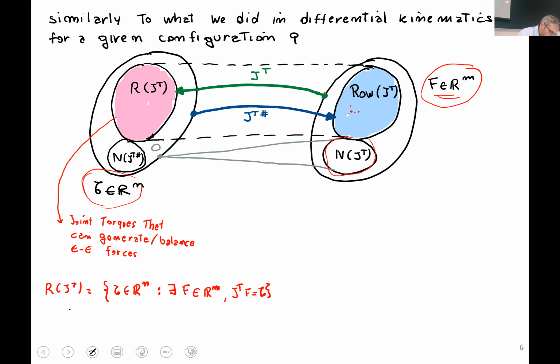While in the null space of J transpose, instead, what do we have, in your opinion? Yeah, but what are they?